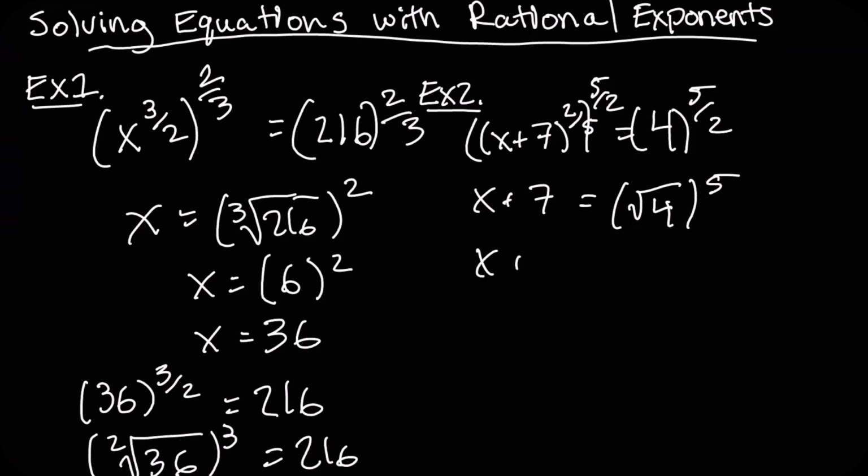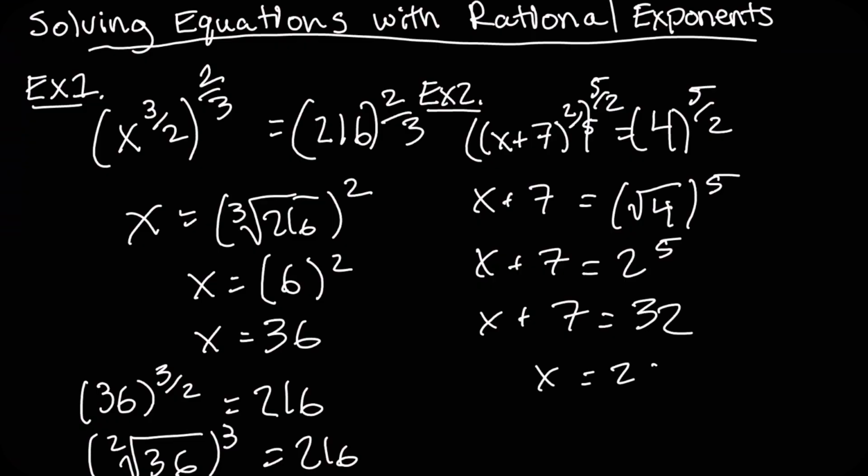So this is x plus 7 is equal to 2 to the 5th, or x plus 7 is equal to 32. And then subtract your 7, or x is equal to 25.